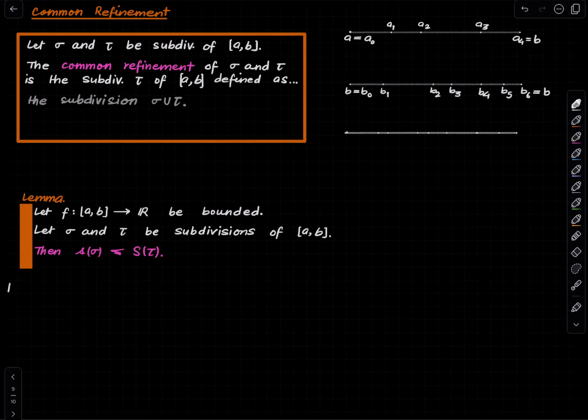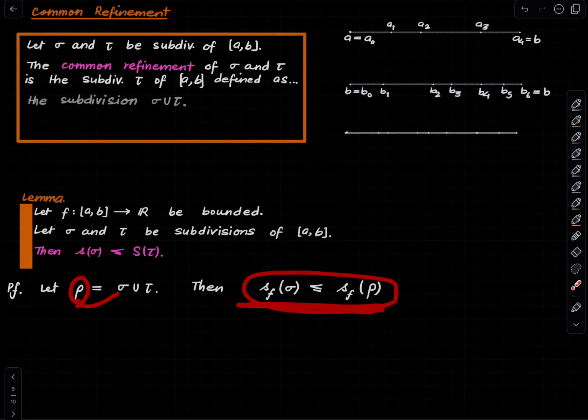The proof is just, let rho be the common refinement of sigma and tau. Then we know the lower sum of f with respect to sigma has this property because rho refines sigma, and we just saw in the previous slide that the lower sums behave well with respect to this. So we have that.